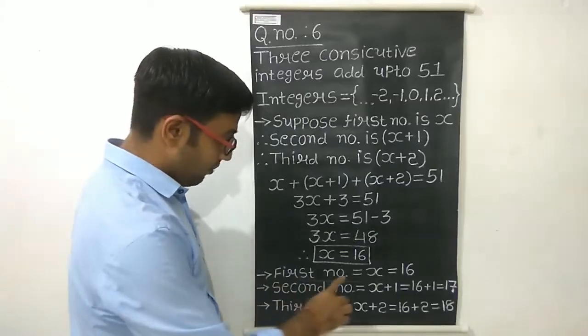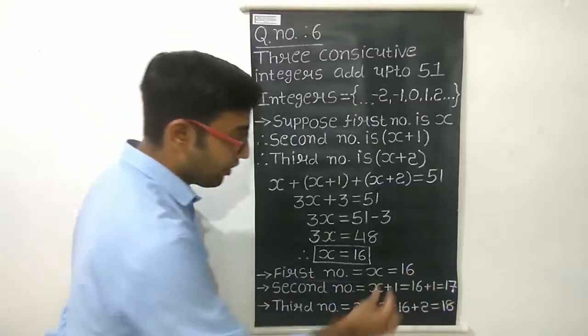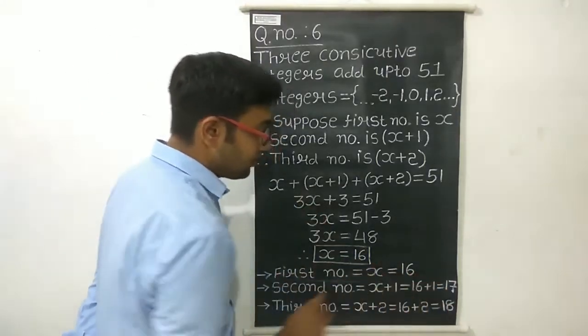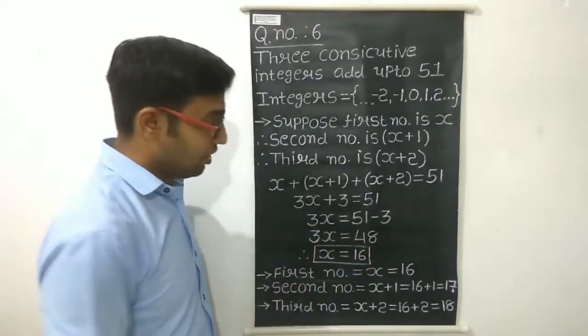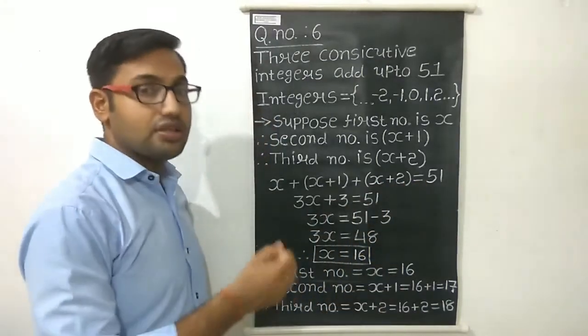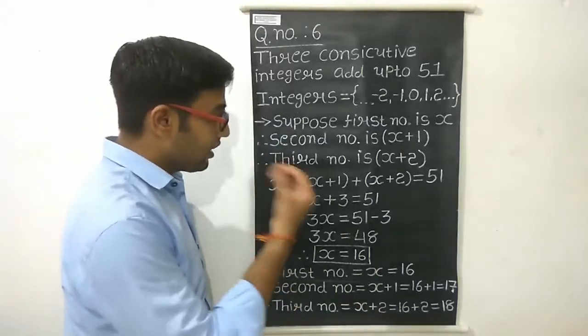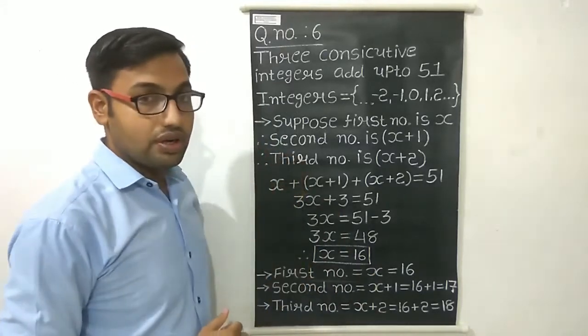So the first number is 16, second is 17 and third is 18. These are our three consecutive numbers. We can check this by adding all three numbers. The addition of all these three numbers is 51. Yes. All these three numbers are integers. Yes. Then our sum is right. So you can think in this way and solve this kind of question.